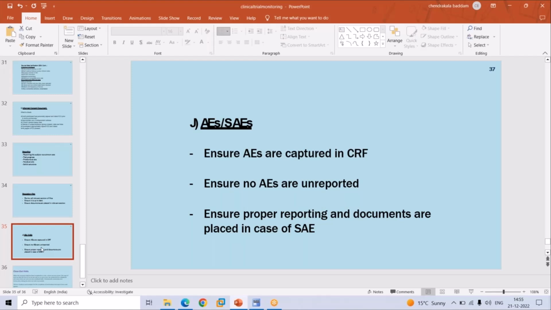Ensure all the adverse events are captured on the CRF. Ensure the proper reporting and documents are placed in case of AEs. So whether that was timely reported, and whether that was properly reported.